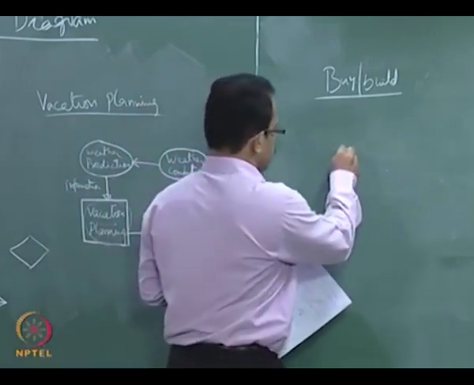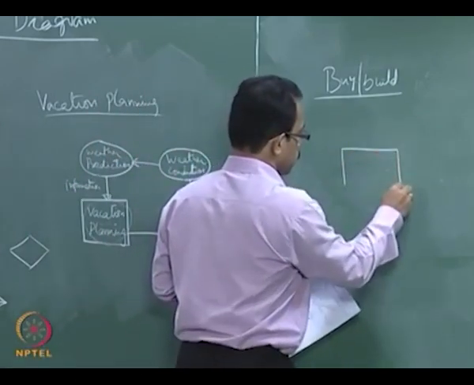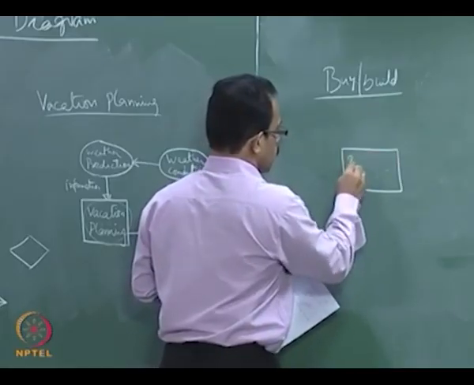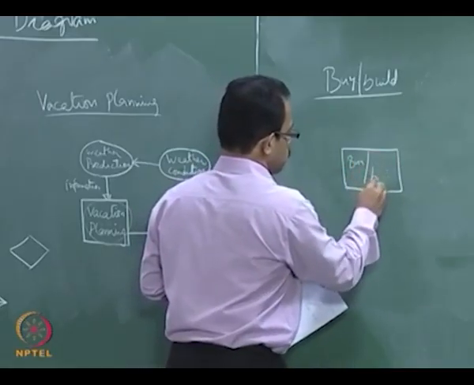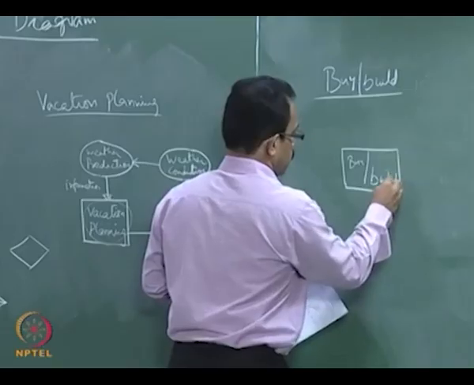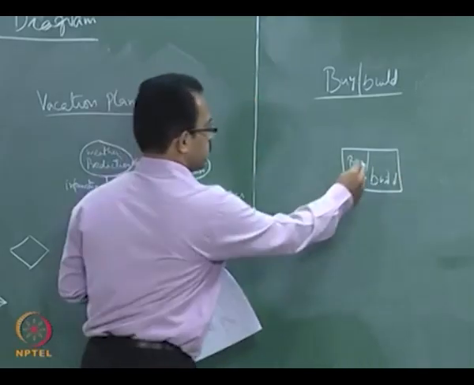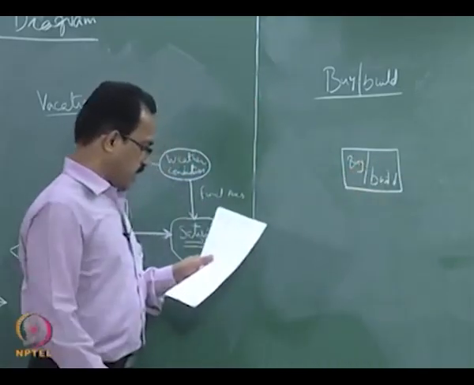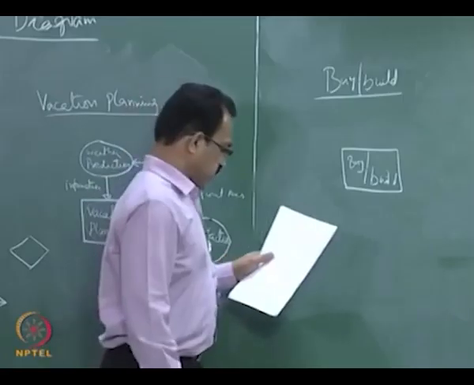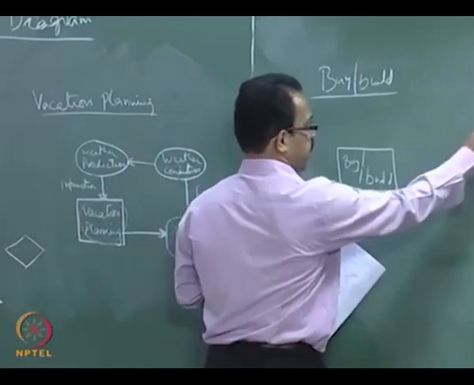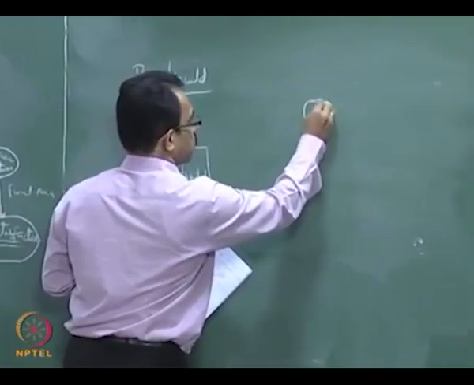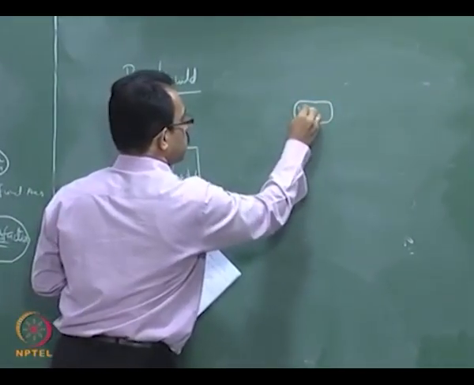So here the decision node is basically buy versus build. So that is the decision node here, and there are two factors which affect the value, which is basically the value it gives to the company.